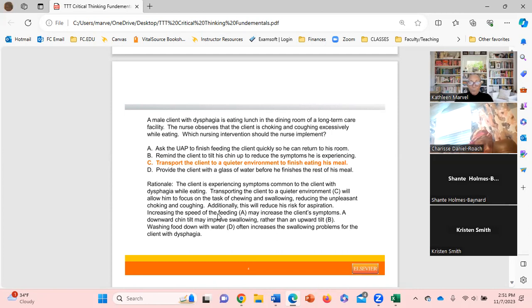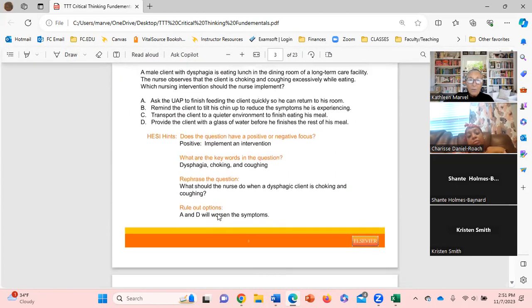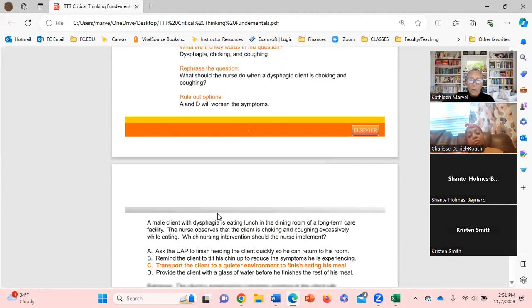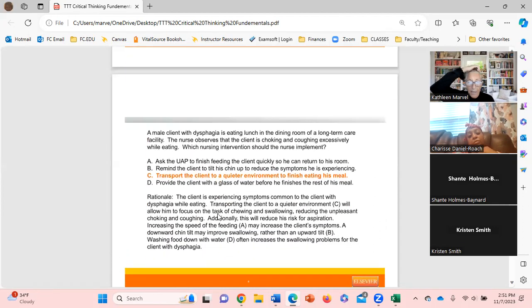So transporting the client to a quieter environment will allow him to focus on the task of chewing and swallowing, reducing the unpleasant choking and coughing, and reducing the risk of aspiration. So let's go back to A. Finish feeding and quickly return to his room is going to increase the client's symptoms of coughing and choking.